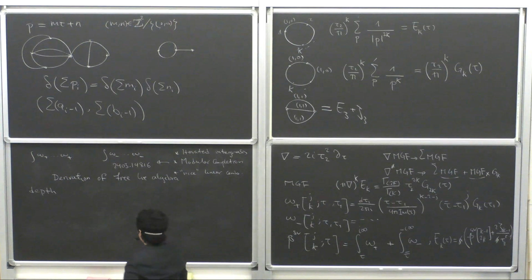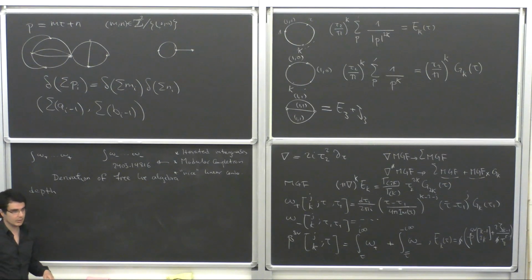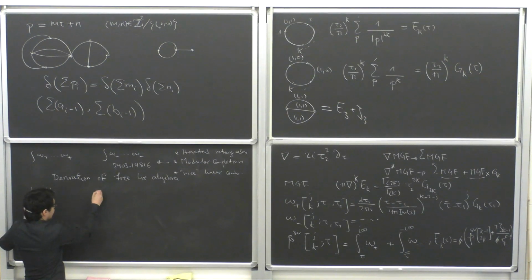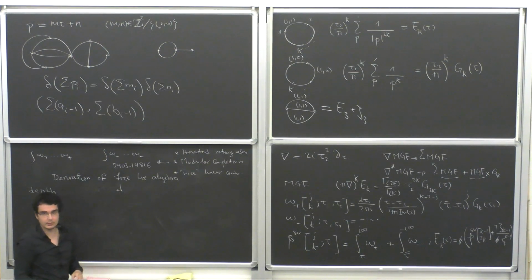So instead of working with any other classification of modular graph functions, it's much better for me, if I want to integrate them, to work with depth. And this is not a grading, actually, it is a filtration. So I can say that some MGF is of depth D and lower, something like this.